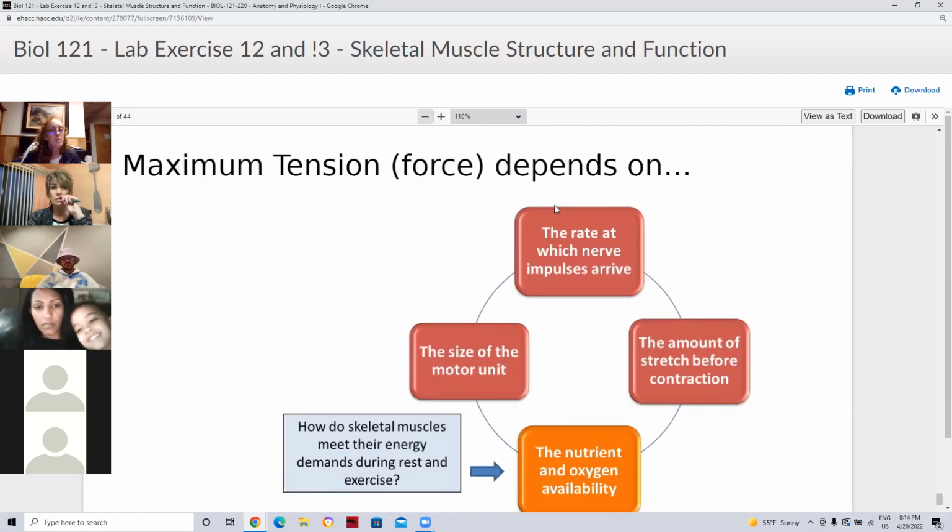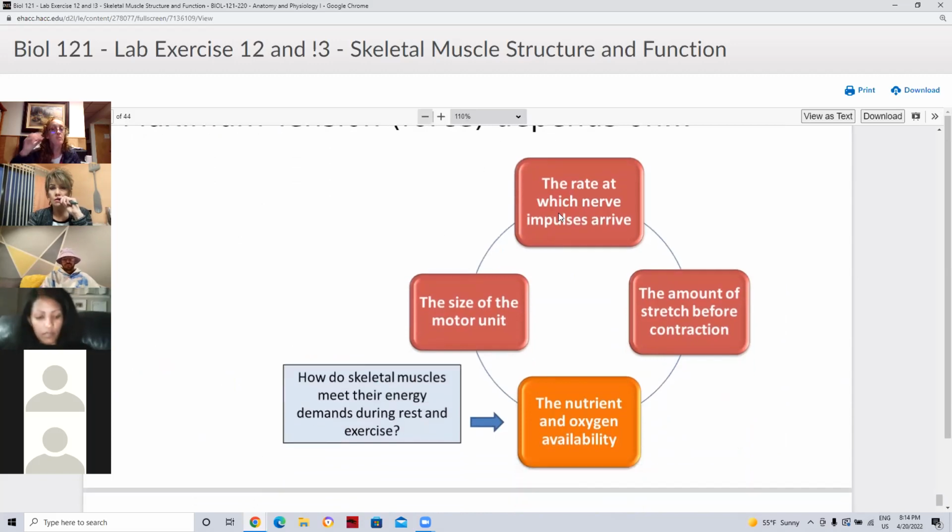So maximum tension depends on a couple different things: the rate at which the nerve impulses are arriving at the muscle, the size of the motor units, and one thing that we'll talk about next week, the amount of stretch before a contraction. How do skeletal muscles meet their energy demands during rest and exercise?